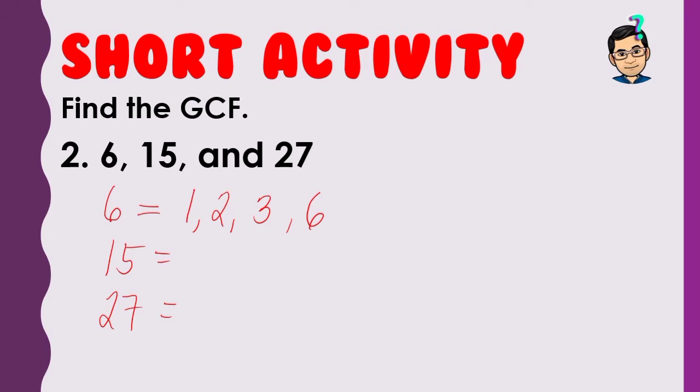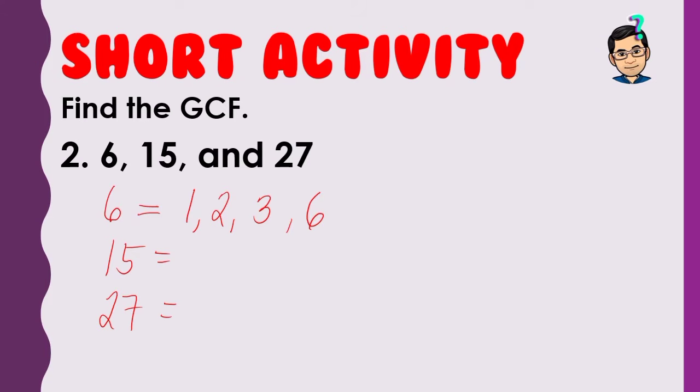The tip I can give you when listing factors is to make sure we start with the lowest, which is 1. The minimum factor of all numbers is 1. So we start with 1, and then 2, 3, 4, 5, 6, and so on, whatever the number is.